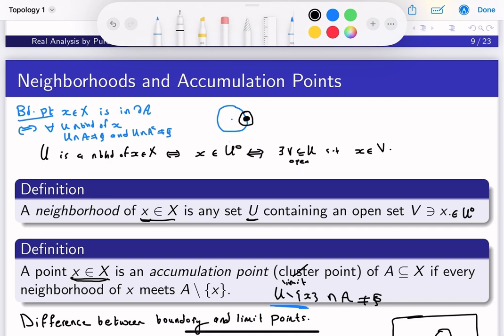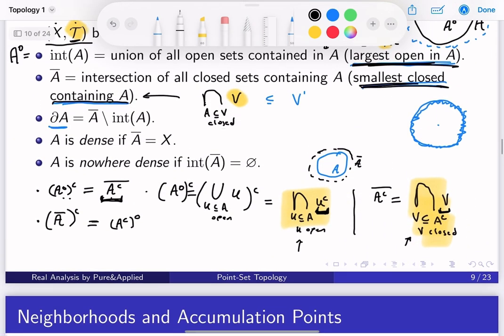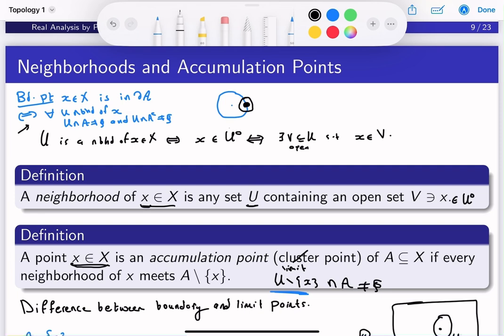So in that case, we say this point is a boundary point of the disk, right? So there are two ways to see boundary points. You can use the definition that they must belong to this set defined as such, or you can use the equivalent definition that a boundary point is a point where every neighborhood of that point must intersect the set and the complement of that set, right?